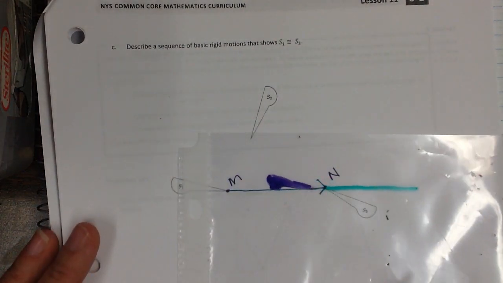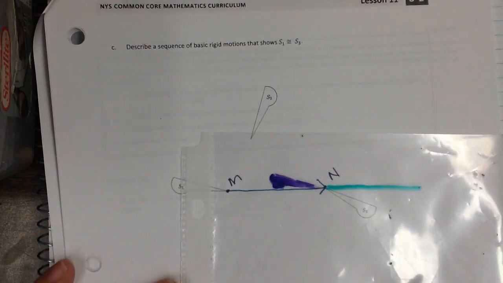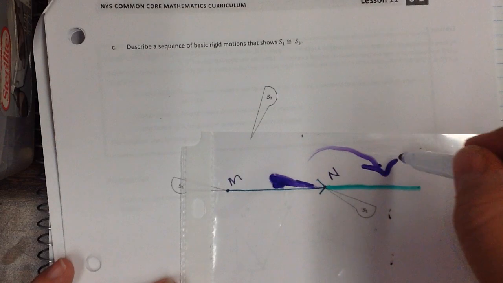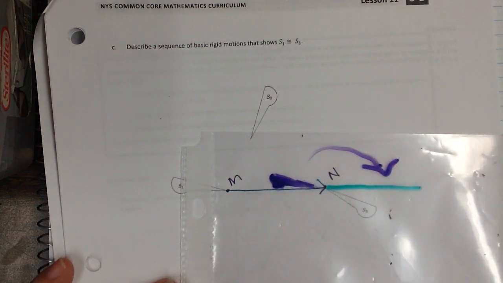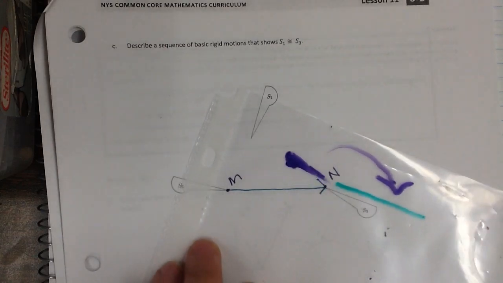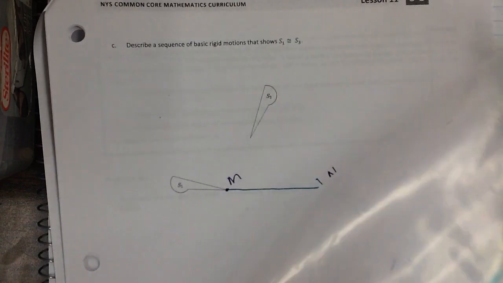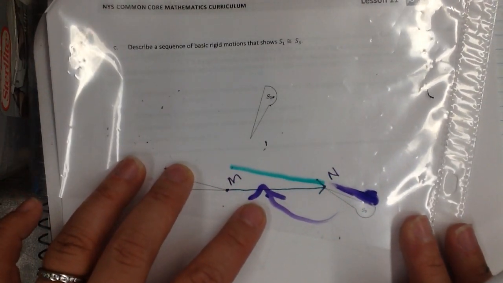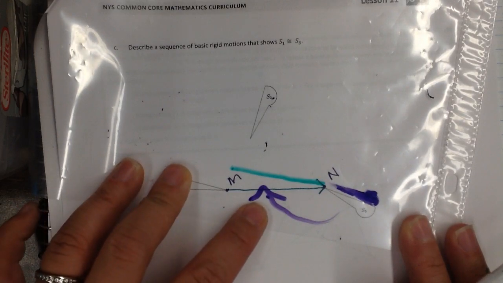Okay, just like this. Then we would rotate it. I'm going to rotate it this way so that the long straight side lines up. If you wanted to rotate it counterclockwise, that would be fine, but it's easier when I have that straight side lined up. So I would rotate it negative D degrees around N.